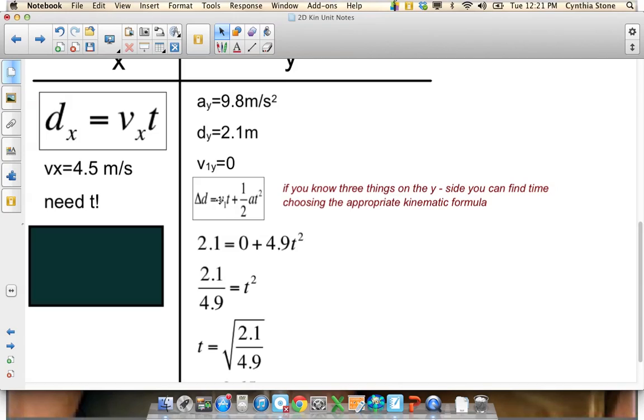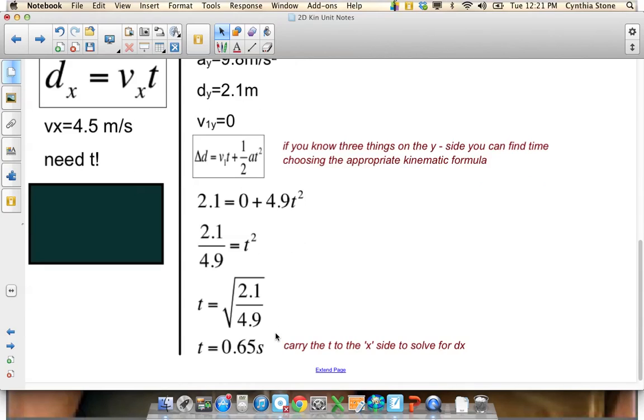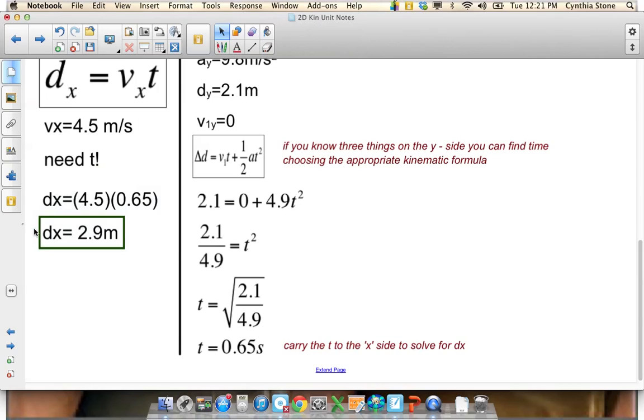That whole thing becomes 0. 1/2 of 9.8 is 4.9, and then t is what I'm looking for. So rearrange, solve for t, 0.65 seconds. So that's how long it takes Peepaw to hit the ground, and then I can just sub that into the x side, okay? And solve for dx. So that's an easy projectile motion. In the next video, I'll do a hard one using some of the other formulas.